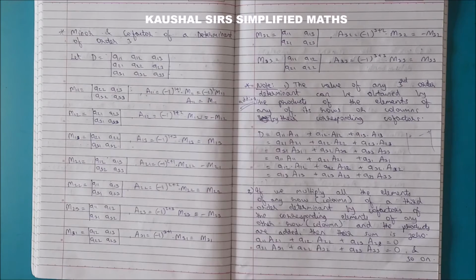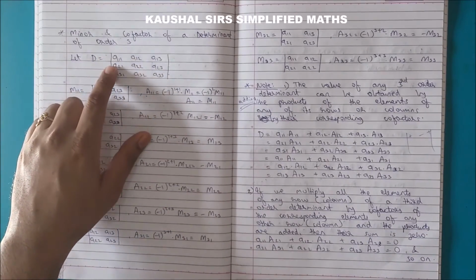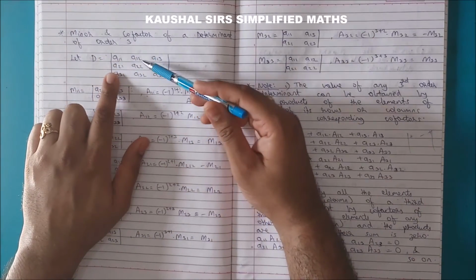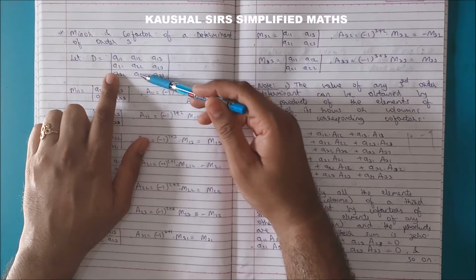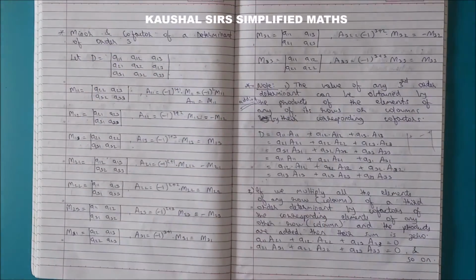Same happens in the column. If you are taking the elements of column number 1 and multiplying with the corresponding cofactors of column number 2, your answer would be 0.